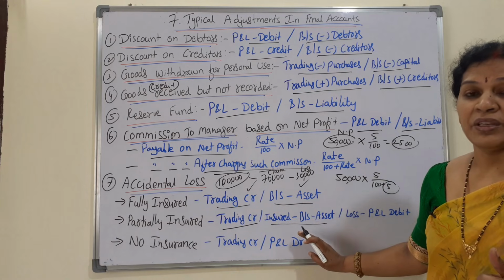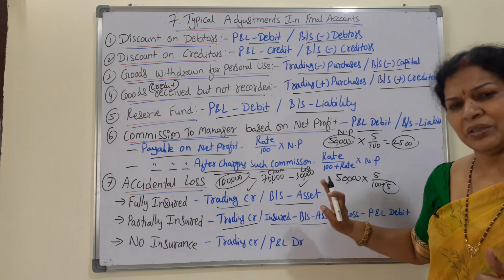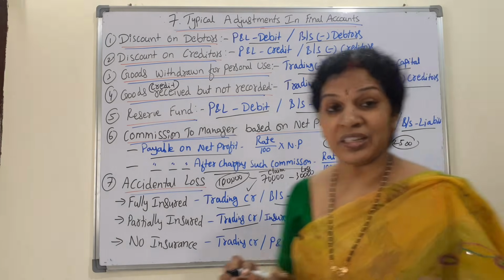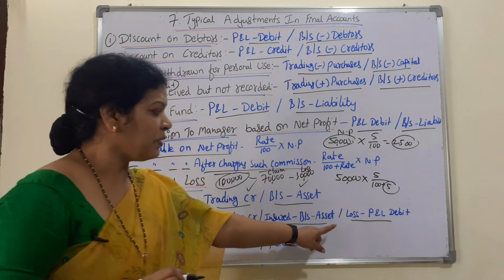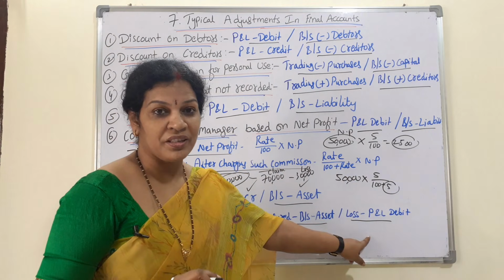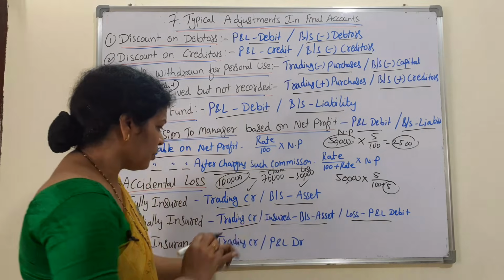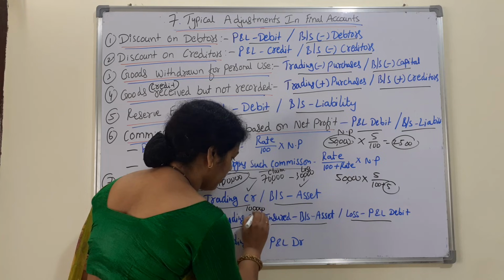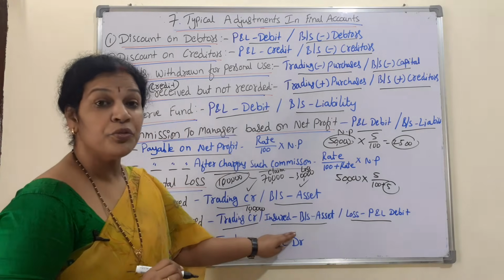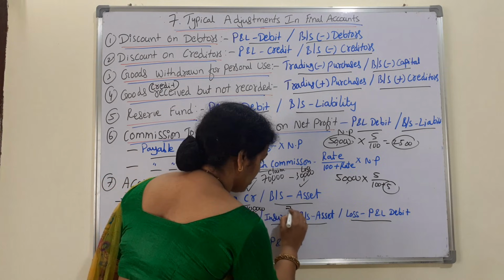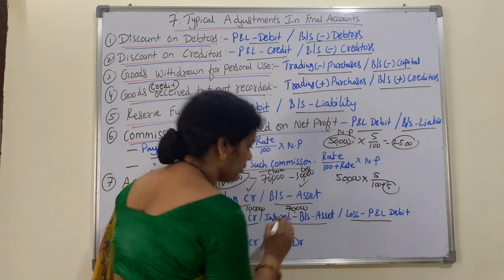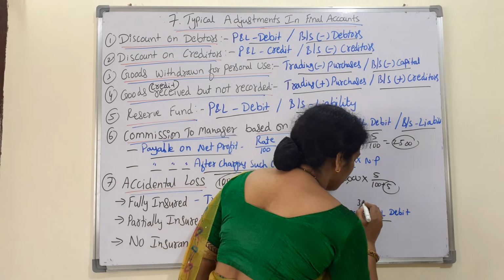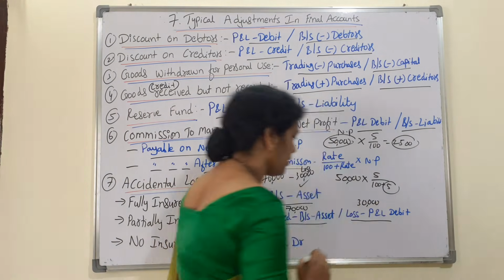Now the rest of the loss, that 30,000, we will write on the P&L account debit side. Are you getting it? The total amount of 1 lakh is written on the trading account credit side. The insured amount, 70,000, goes on the balance sheet asset side. And the loss, 30,000, goes on the P&L account debit side.